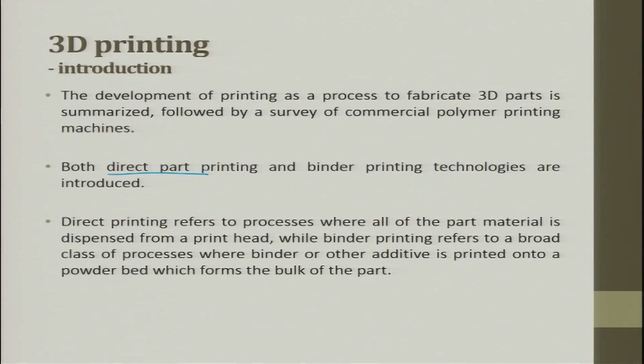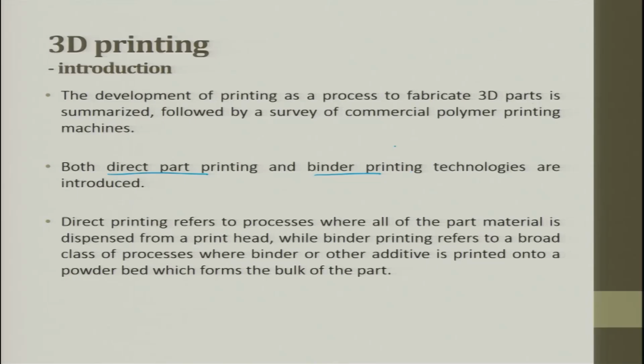Direct part means whatever you get will be the direct product. Here we will try to bind the building materials and use that as a technology to develop a 3D product. Direct printing refers to processes where all the part material is dispensed from a printing head, while binder printing refers to a broad class of processes where binder or other additive is printed.